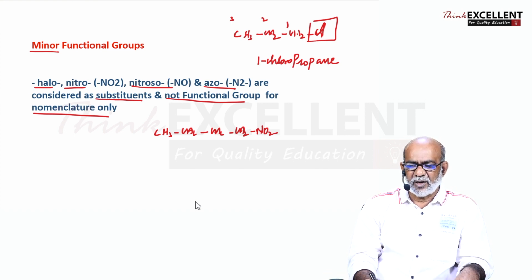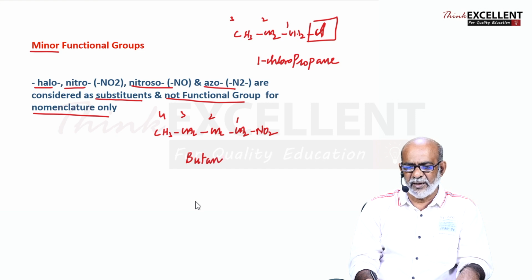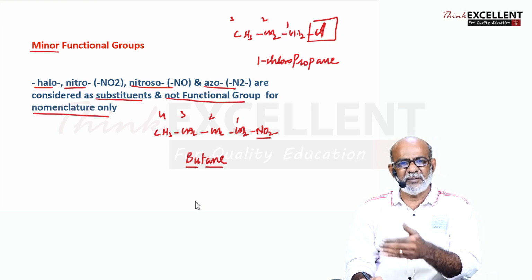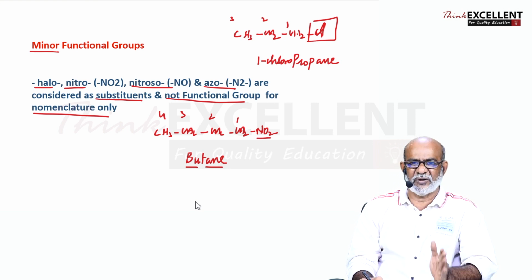Here, first you count the carbon. 1, 2, 3, 4. Four is but, okay, but. Then all are single bonds, so that is ane, butane. This root word is the primary suffix. Then any functional group that comes is the secondary suffix.